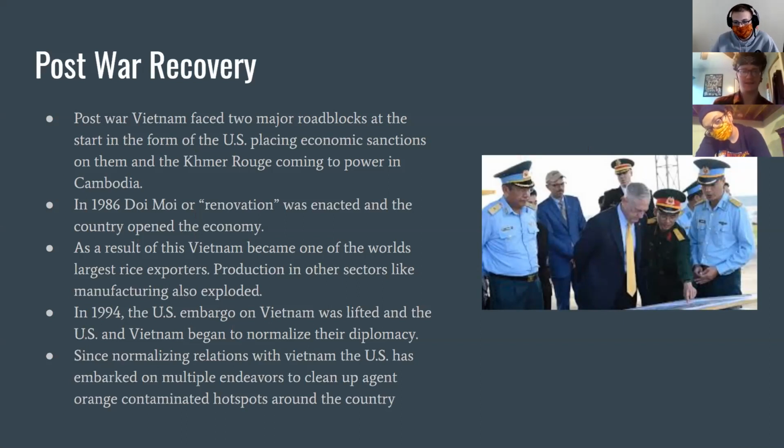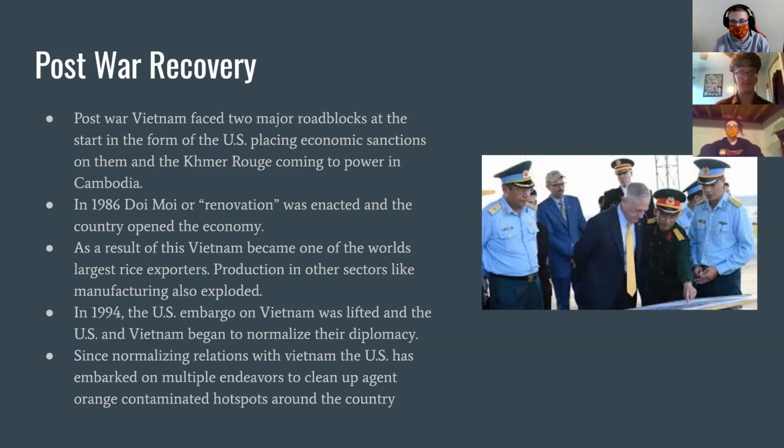In 1986, Doi Moi, or renovation, was an economic policy enacted by the country which really opened up the economy and allowed it to flourish. As a result, Vietnam became one of the world's largest rice exporters, and production in other sectors like manufacturing also exploded and really took off.